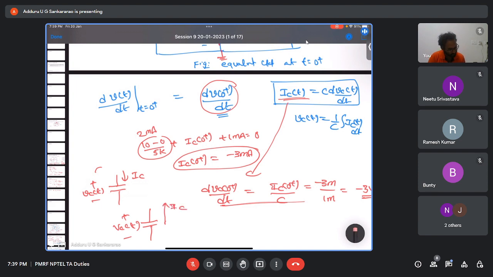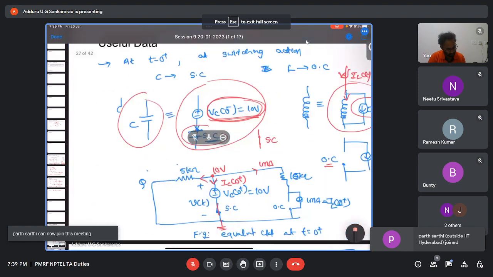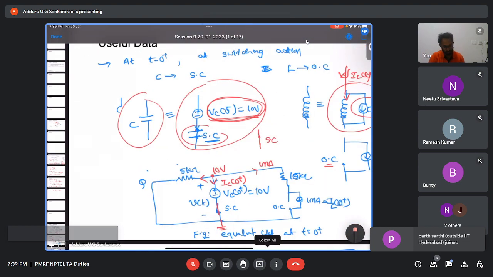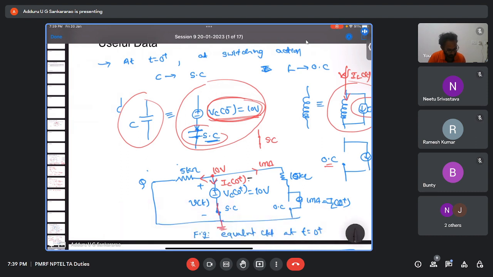Here IC of 0 plus is minus 3 milliamps we got. We assumed IC of 0 plus in the downward direction, but I got minus 3 milliamps.